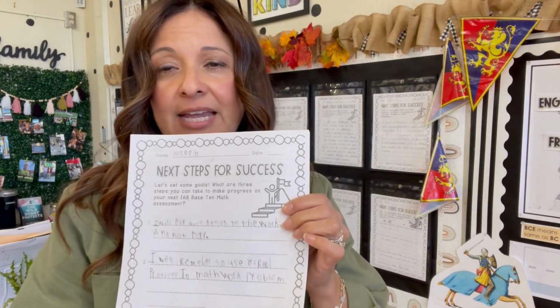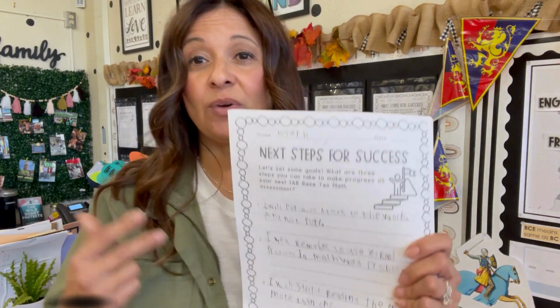So I created a next steps for success. Students created some goals as to how they were going to progress, do better for the next test. And so I wanted them to identify 3 goals that they could do. We've been working a lot on strategies.